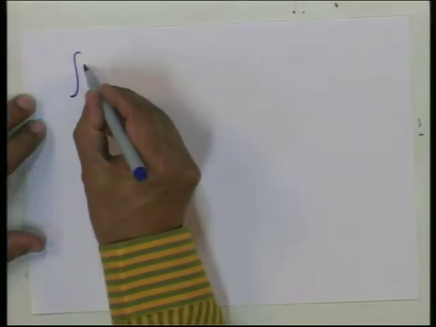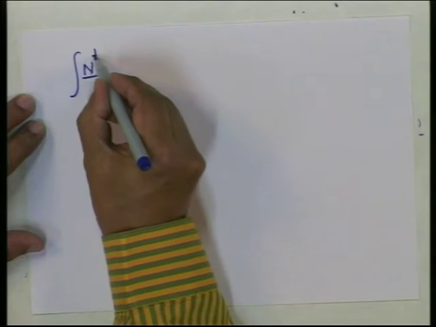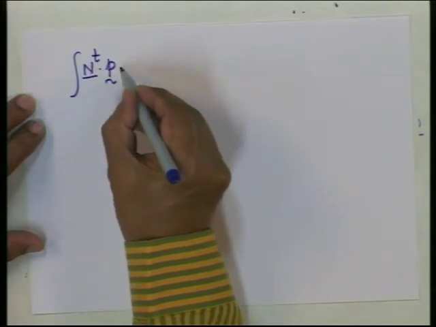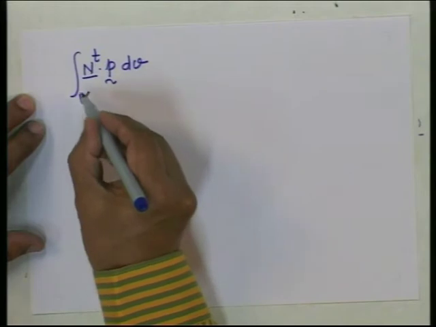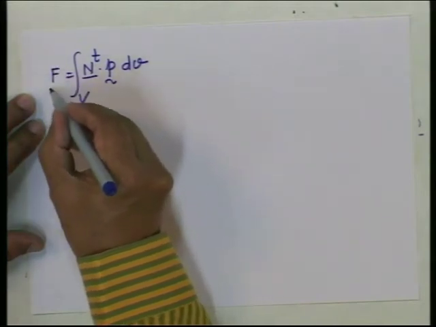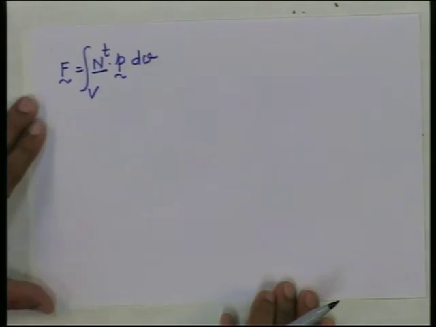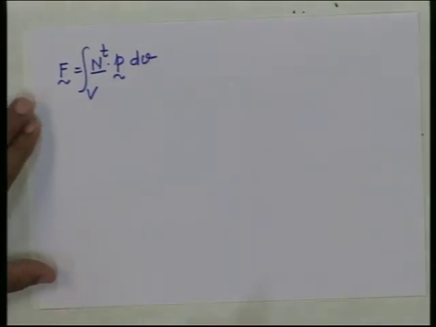I told you there is a problem about the integration of this N transpose, if P is the distributed load. This is your load vector F, a standard formula, N transpose P dV.